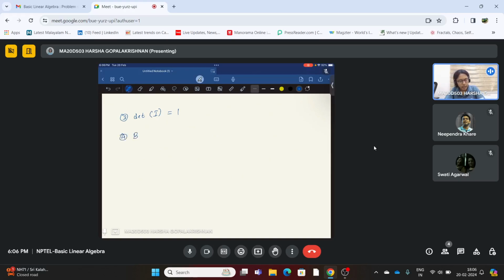Now if B is a matrix obtained from A by interchanging two rows. Suppose I am interchanging first and second row. So what will be the determinant of B in terms of determinant of A? Negative. Yeah, if we are interchanging rows, then determinant of B will be negative of determinant of A.